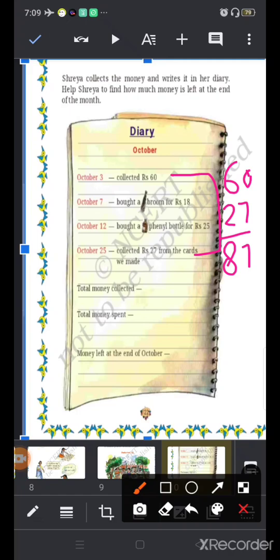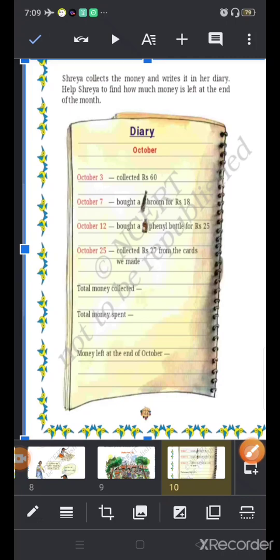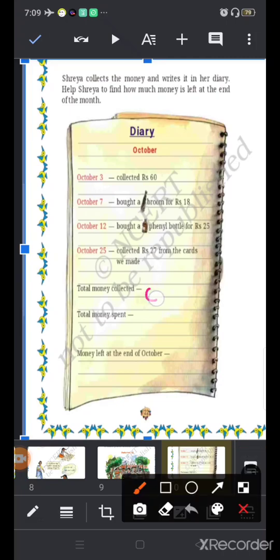The total collected money by Shreya is equal to 87. So this 87 we will write here. This is total money collected. Okay. Now the second is money spent. Total money spent. So what will we write here? Here we'll write 87. This is total collected money. Now we'll write spent money.